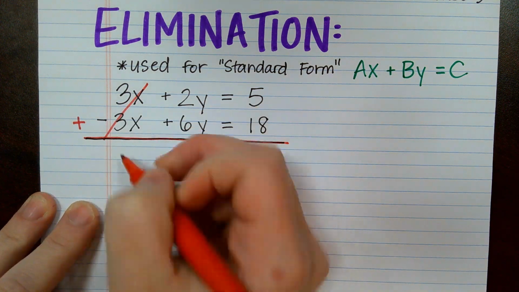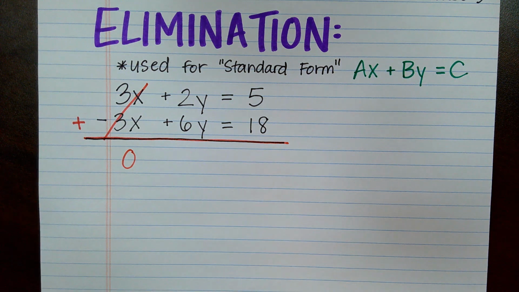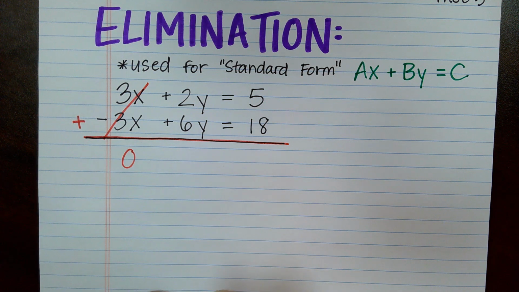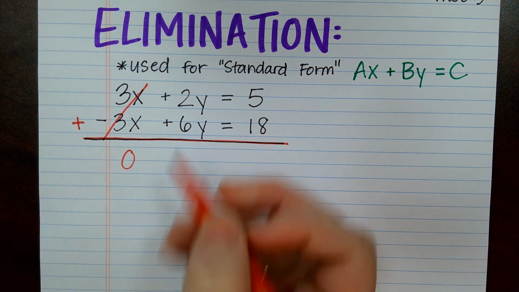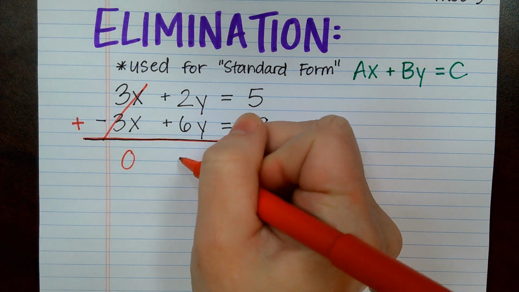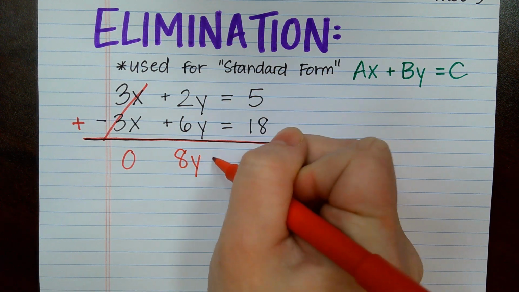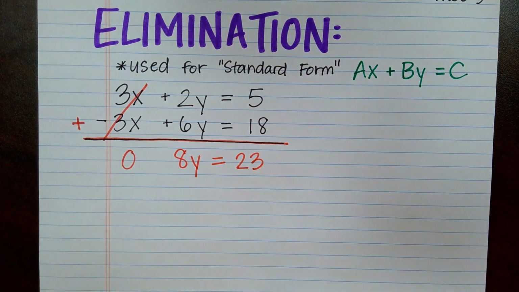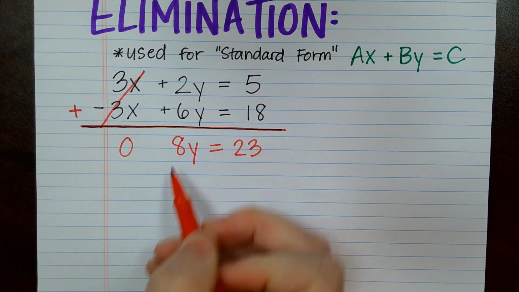Zero. They cancel, so there's no x's left. Now what is 2y plus 6y? We got 8y equals 18 plus 5, which is 23. Now divide by 8.